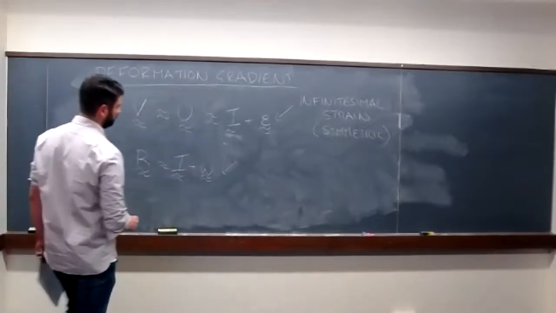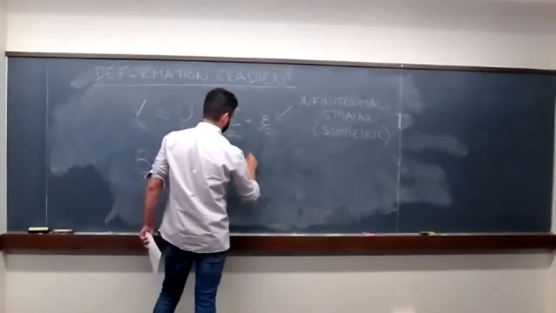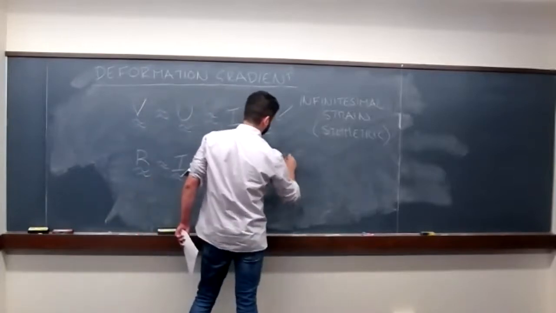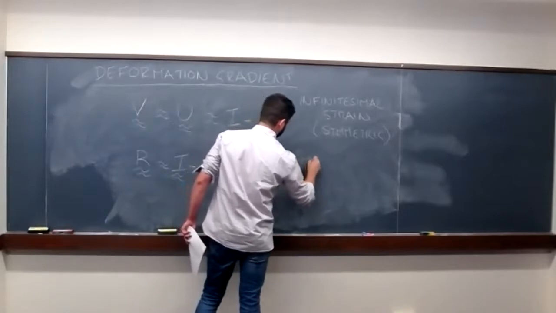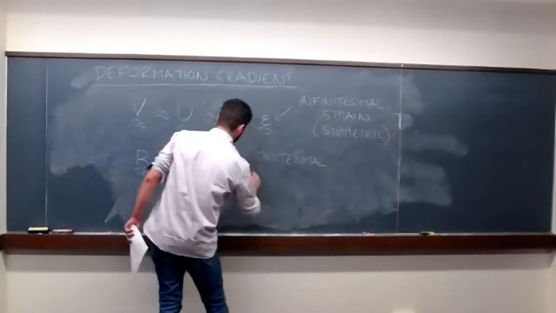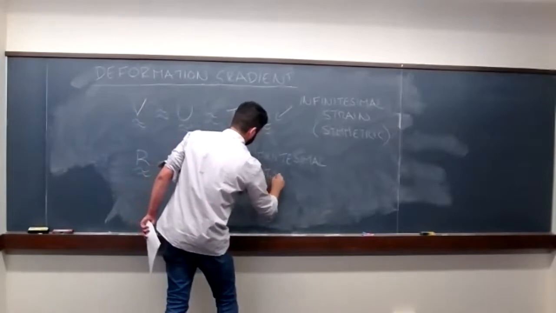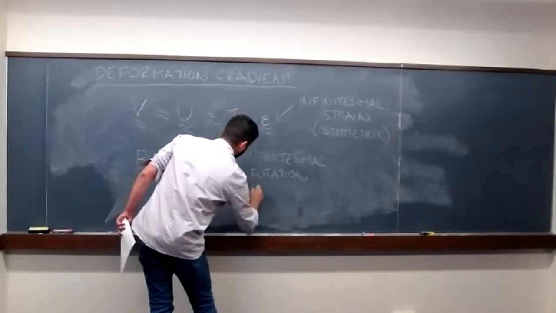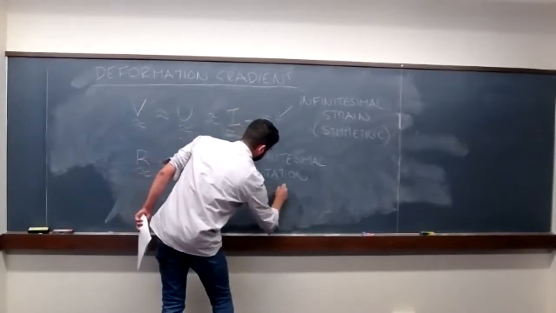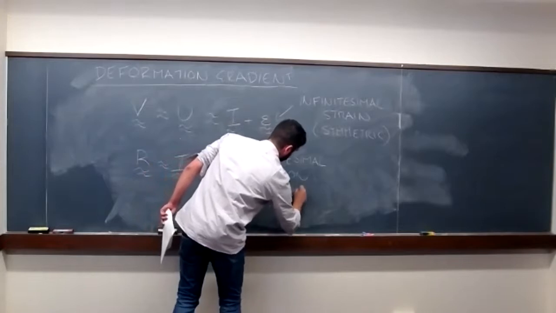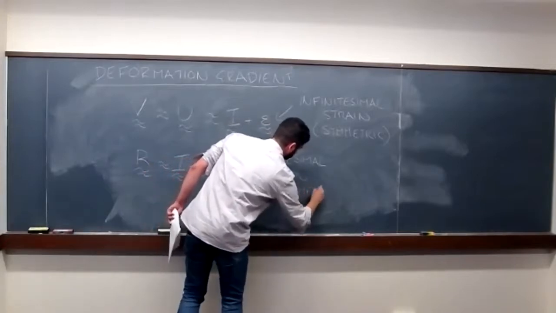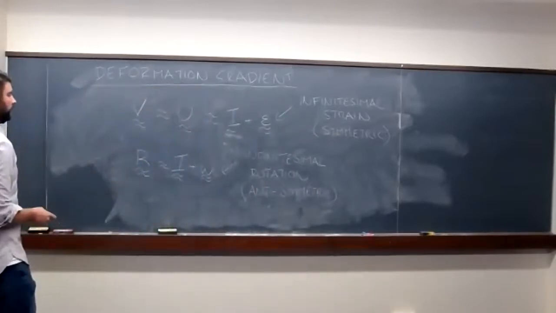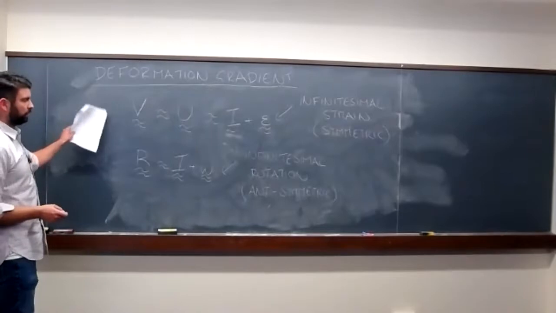That's a W. And that's antisymmetric. So that's it for our quick little continuum mechanics review.